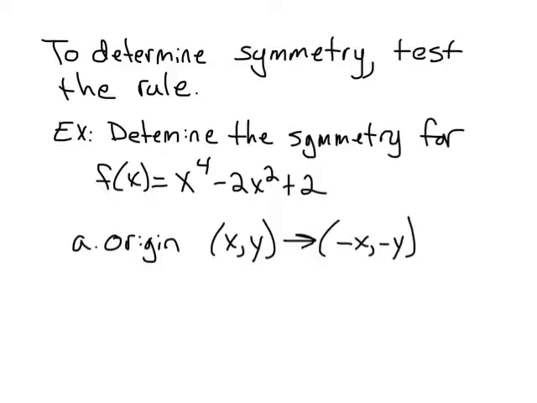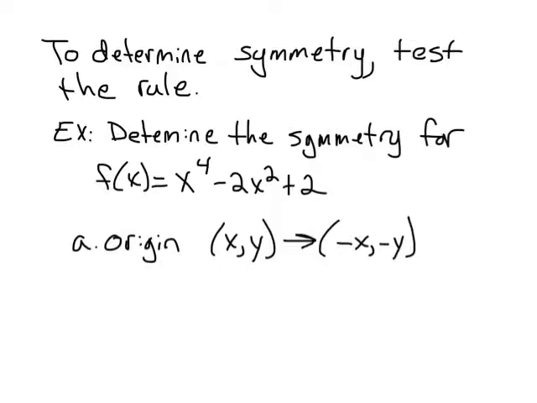What I mean is, instead of x, y, I'm going to replace my x with negative x, and my y with negative y. If that still yields the original, then the rule works. For every x I see, I'm going to replace it.